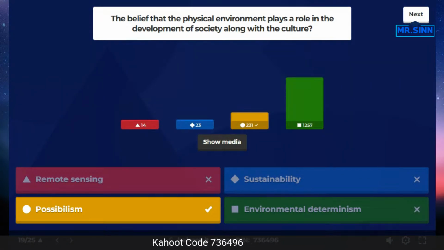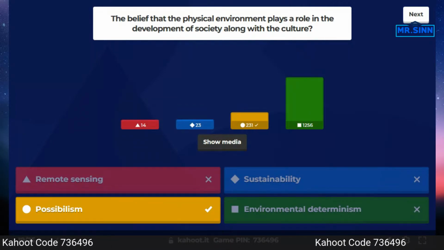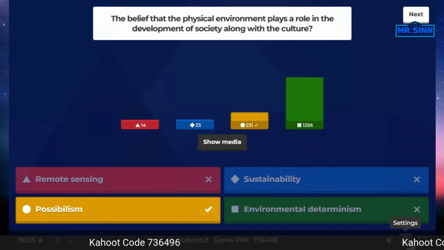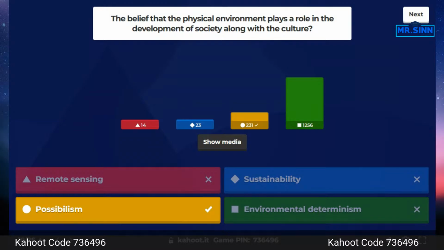All right. Ooh, interesting here. The belief physical environment plays a crucial role in the development of society along with the culture. So remember, with environmental determinism, that's saying culture, human agency doesn't really play a role there.